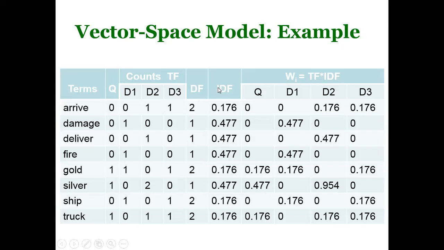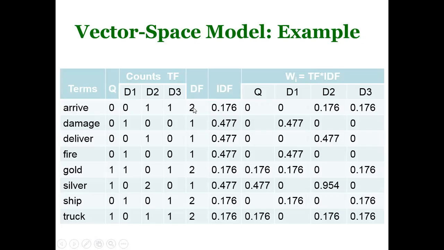Now we have to calculate inverse document frequency using document frequency: logarithm of the total document collection divided by the document frequency of a given term. So what is the inverse document frequency of arrive? Logarithm of the total document collection 3 divided by the document frequency of arrive, 2.